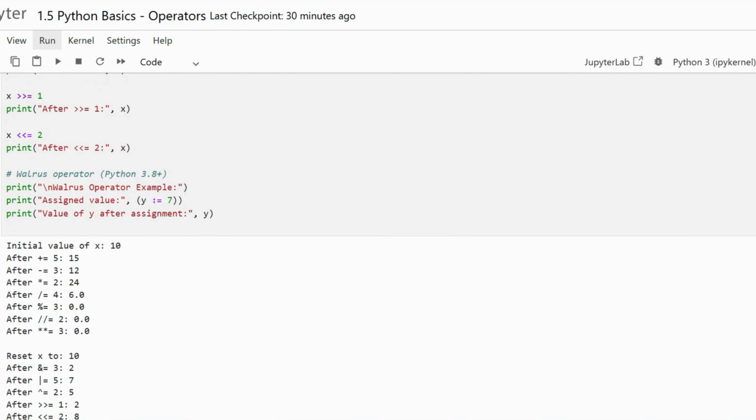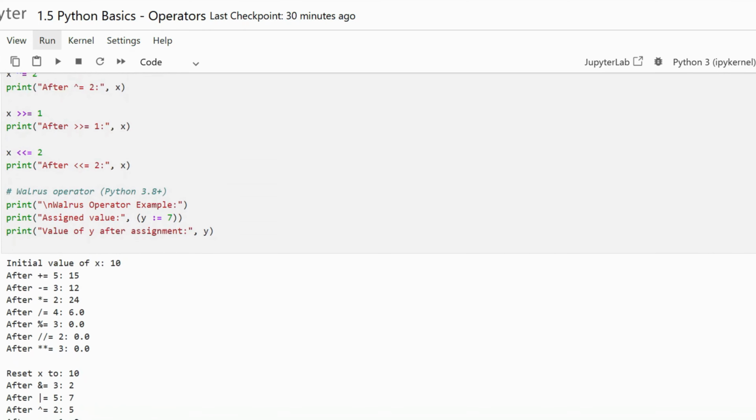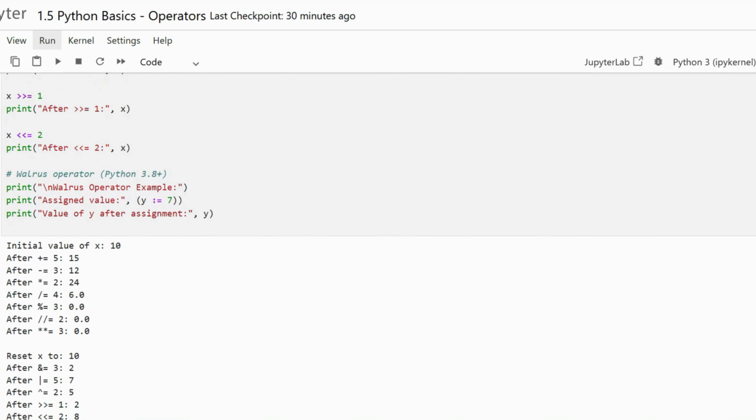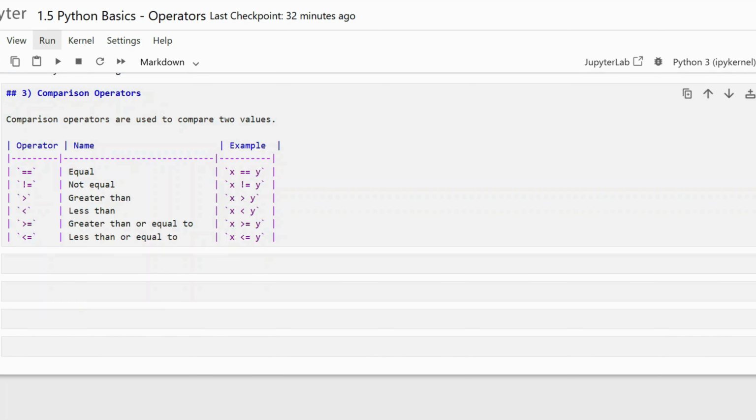X less than less than equal to 2 gives you 8. A left shift moves bits to the left and pads 0 on the right. The walrus operator assigns a value and uses it immediately. Here, value 7 is assigned to y, and it can be used in the same expression.